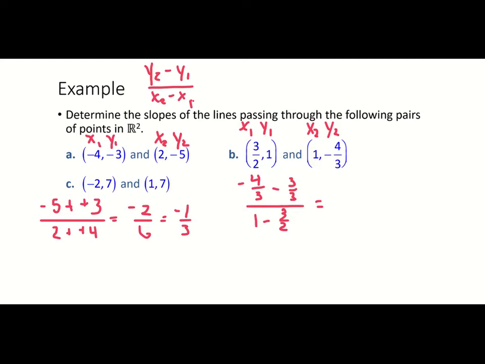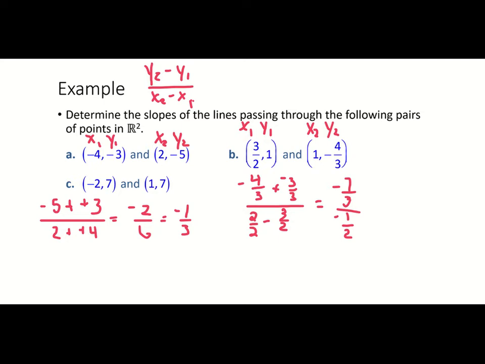And for my other one, I need a denominator of 2, so I'm going to make that 2 halves. All right, negative minus: keep plus change. It's going to give me negative 7/3 over 2 over 2 minus 3 over 2. 2 minus 3 will give me a negative 1/2.